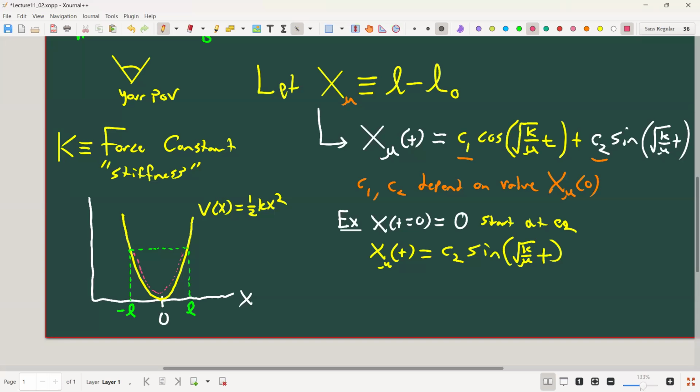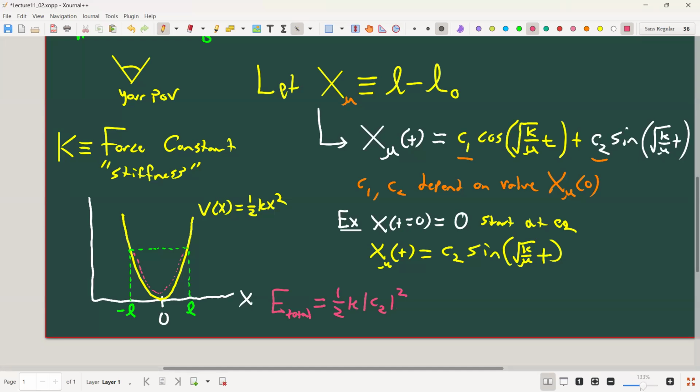And we showed that the total energy of this system is equal to 1/2 K times this value C2 squared. It has to do with the amplitude. That should make sense. If you stretch the spring further away from equilibrium, that sine wave is going to oscillate more in amplitude.